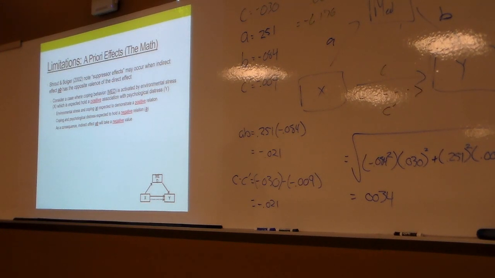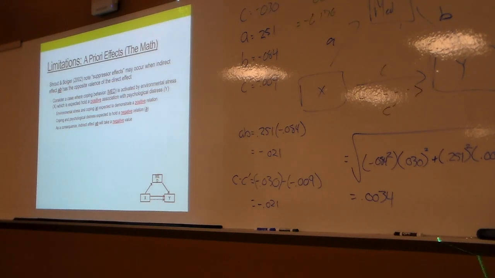Remember that C is equal to AB plus C prime. If AB ends up being negative 0.3 and C prime is equal to positive 0.3, what's the relation between X and Y? What's my C value? 0, right? So I don't find a relation. X and Y look to be orthogonal to one another, which really confuses me, right?